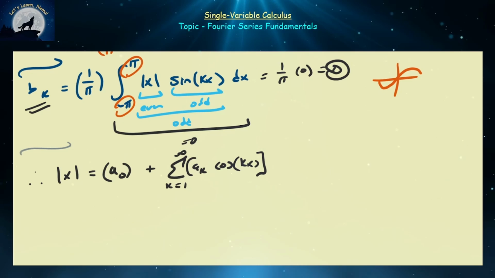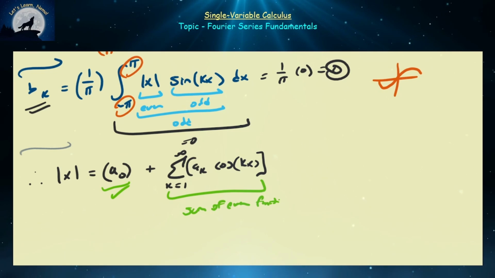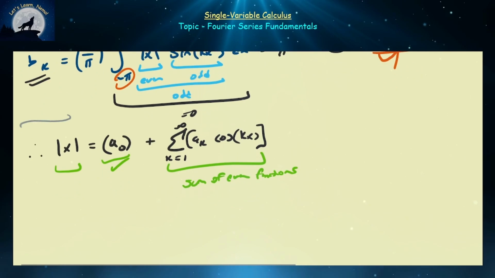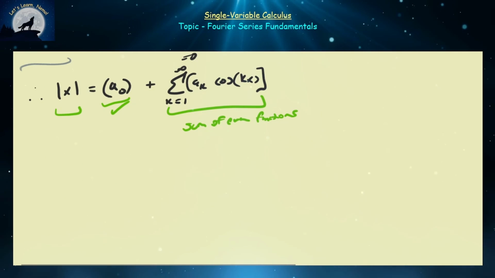So before we even find our ak terms, even though we've already found our a0 term, this is a sum of even functions, right? And that shouldn't be surprising to you because the absolute value of x is an even function, so an even function should be expressible as a sum of even functions. And this is sort of reminiscent of Taylor series where we have cosine, and that's expressible as an even degree polynomial. So let's go ahead and see if we can find a nice representation for these coefficients, ak.